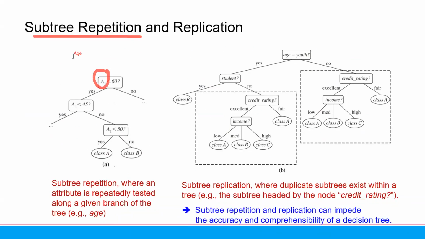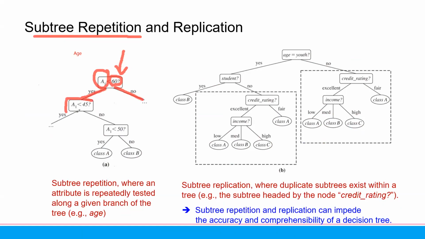The person's age is very diverse, maybe from age 0 until age 100. So the data we have are diverse, and based on the result, the most important attribute is age. And then there is a splitting point. It is 60 as the splitting point. So we split into yes and no.